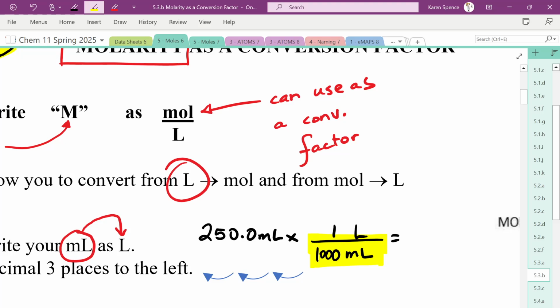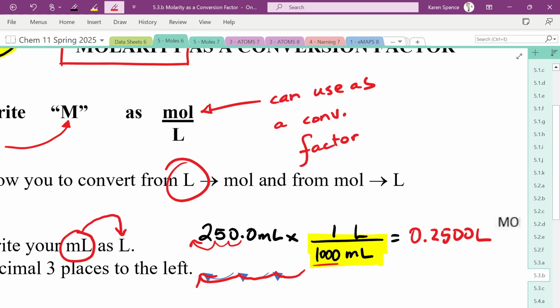If you divide by 1,000, you move your decimal place 3 places to the left, making the number smaller. There we go, 0.2500 liters.